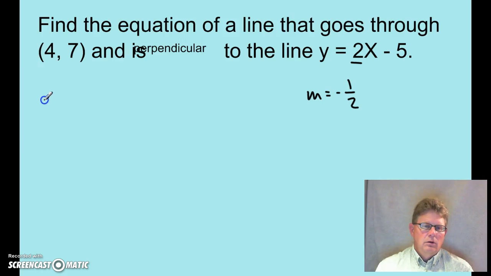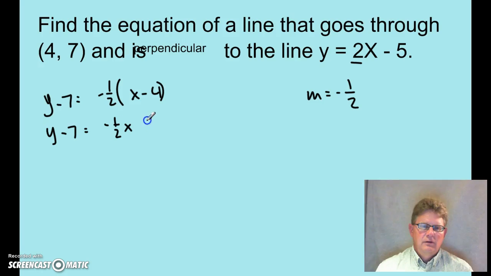So y minus 7 equals negative 1/2 times x minus 4. So y minus 7 equals negative 1/2 x plus 2. When you distribute, negative 1/2 times negative 4 is positive 2. Add 7 to both sides. Y equals negative 1/2 x plus 9.